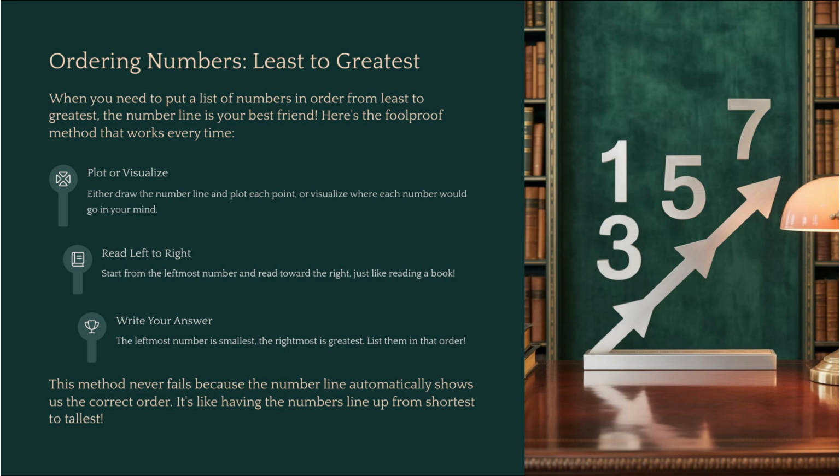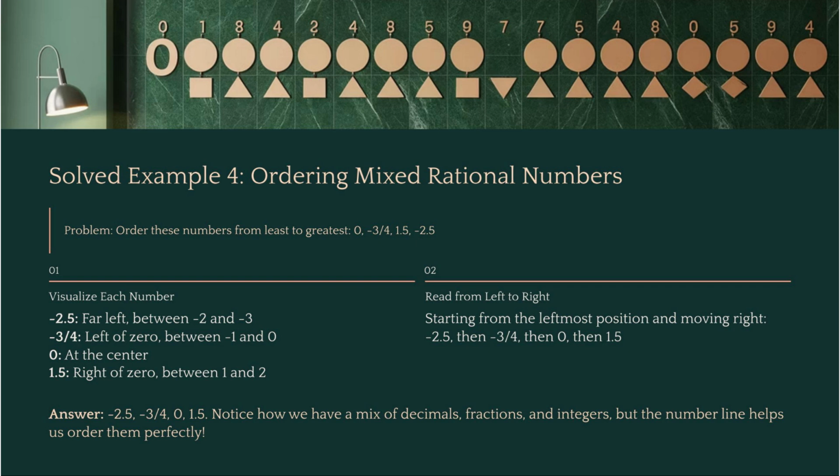When you have a whole list of rational numbers to order, the best strategy is to convert any fractions to decimals first. Then, you can simply imagine all the points plotted on the number line. Reading the numbers from left to right gives you the correct order from least to greatest. In example 4, we order the list 0, -3/4, 1.5, and -2.5.